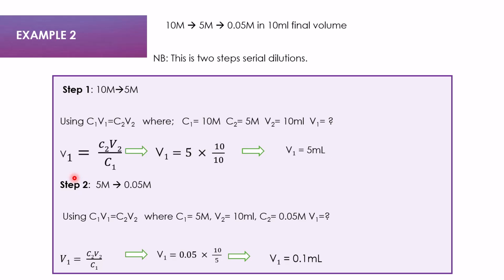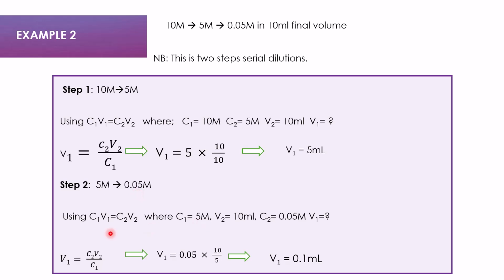For the second step, we also use the equation C1 V1 equals C2 V2, where C1 in this case is 5 molar, V2 is 10 mils, and C2 is 0.05 molar. V1 is the volume of the 5 molar needed to prepare the final concentration of 0.05 molar in a final volume of 10 mils.